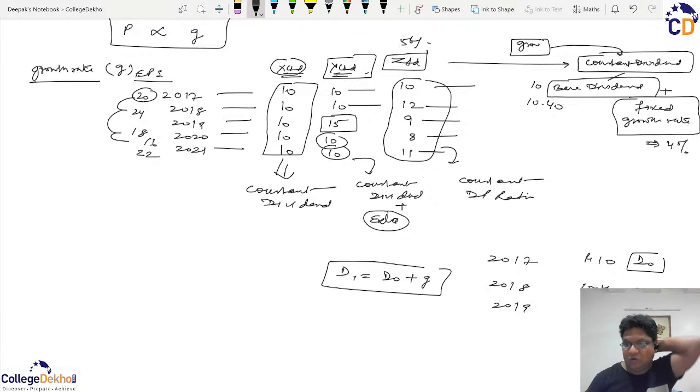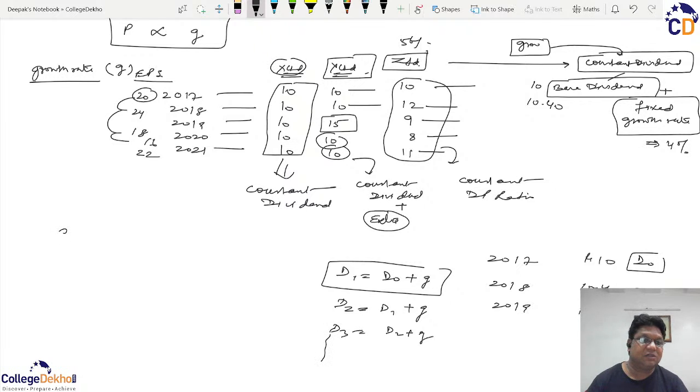Similarly, when we go to the year 19, that is D2, then D2 will be D1 plus G, that is 10.4 plus 4%, and that comes out to be 10.82. On the same lines, D3 will be equal to D2 plus G, and it will go on like that. So here the G denotes a fixed growth rate.